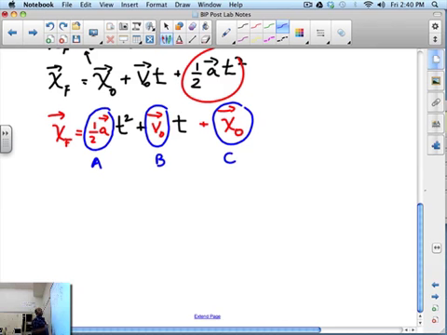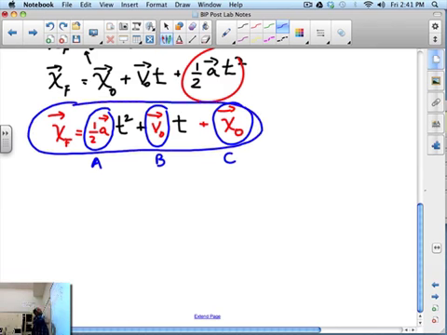Anyway, there's another cool thing about this. This is very interesting. Our first equation was v final equals a t plus v naught, right?